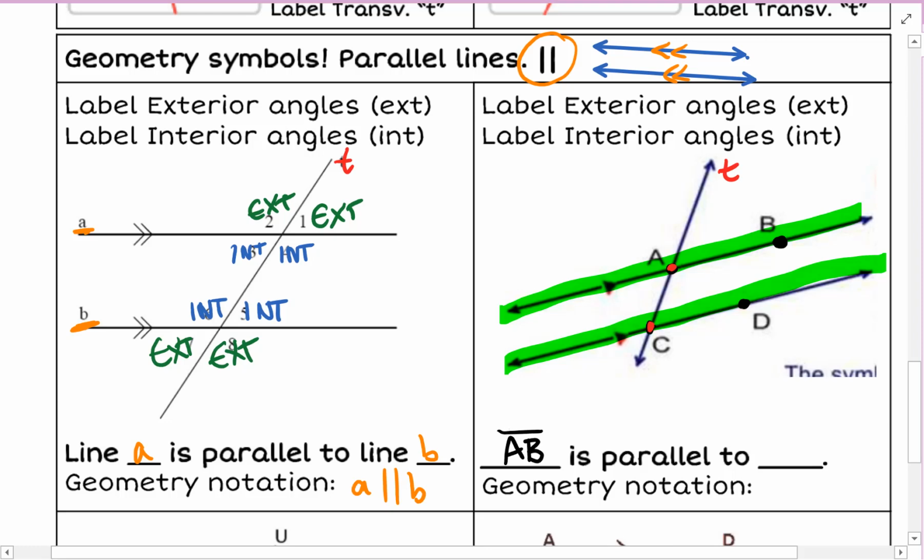AB is parallel to line, this one has points C and D on it, so line CD. Use that notation again. Line AB now parallel to line CD.